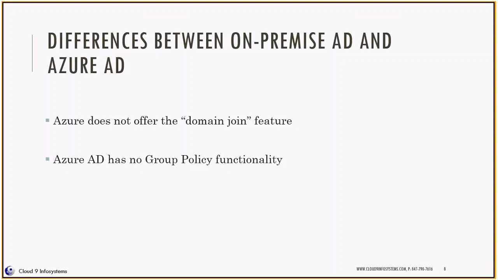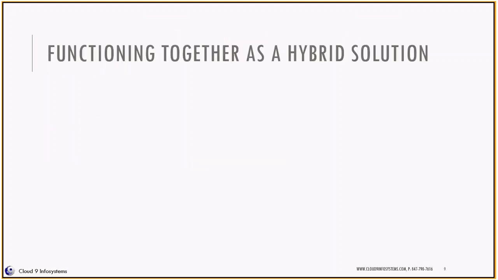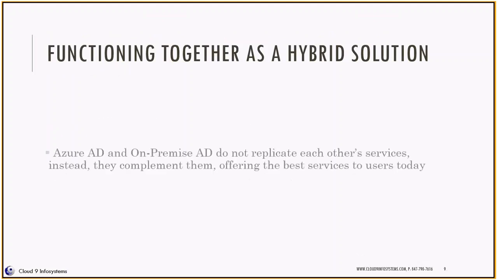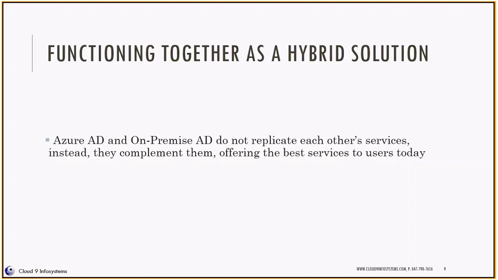It allows your AD users the ability to seamlessly jump from application to application as easily as traversing applications on their desktop. In generalization, Azure AD is a federation hub. Now Azure AD and Windows AD do not replicate each other. Instead, they complement each other, and they offer the best services to the users today.